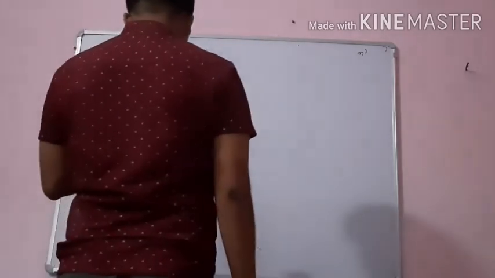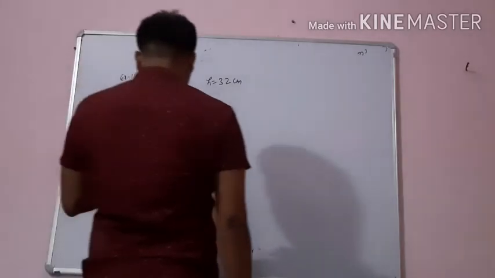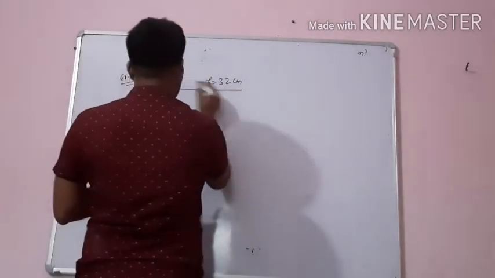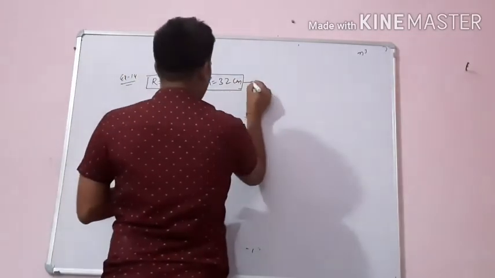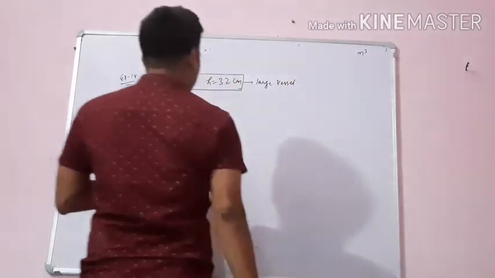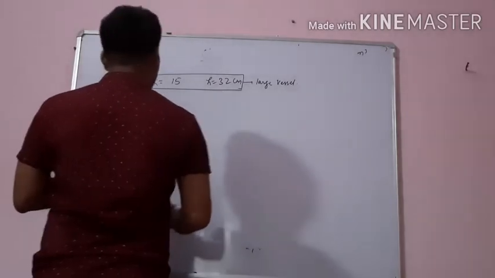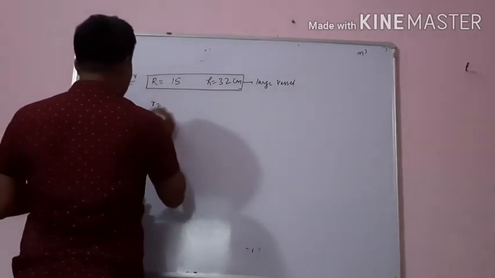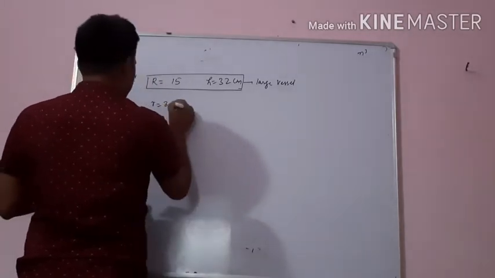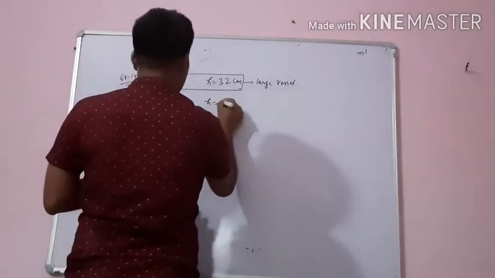The juice is filled into small glasses of radius 3 centimeter and height 8 centimeter. This dimension is given of the large vessel. Now the juice is transferred into a smaller vessel whose radius, I am taking small r, equals 3 centimeter and height equals 8 centimeter.